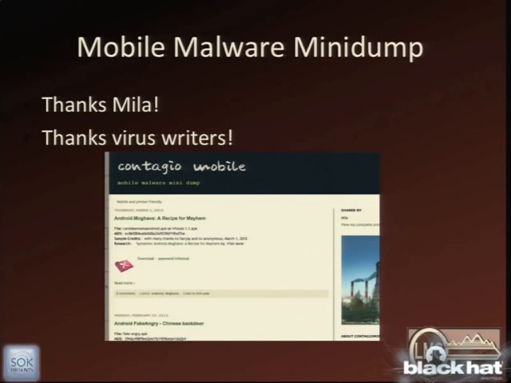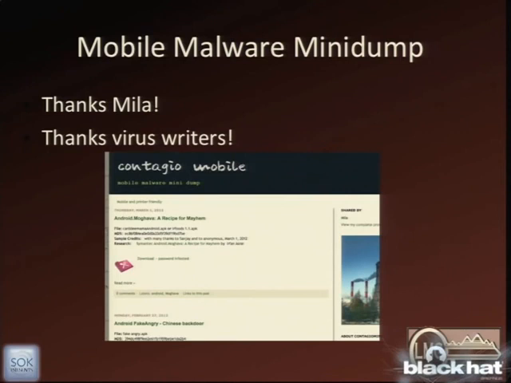But she also started something called the Mobile Malware Mini Dump. So now if you just Google Contagio mobile malware, it'll be one of the first results. You can now download your own viruses. So thank you, virus writers. We now have something cool to look at there as well.